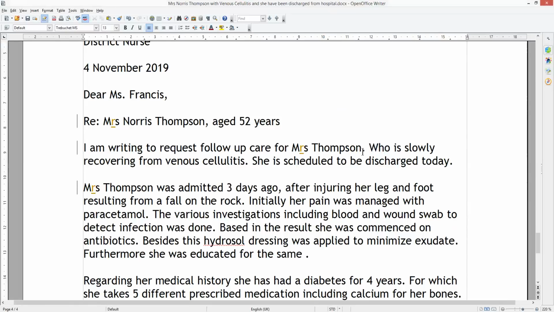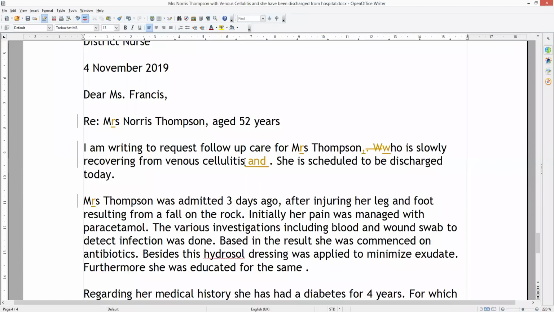So what I would do is make this a subordinate clause: who is still recovering from appendicitis and is scheduled to be discharged today. That's better. Instead of three short sentences, we've got a single complex sentence, in grammar terms anyway.